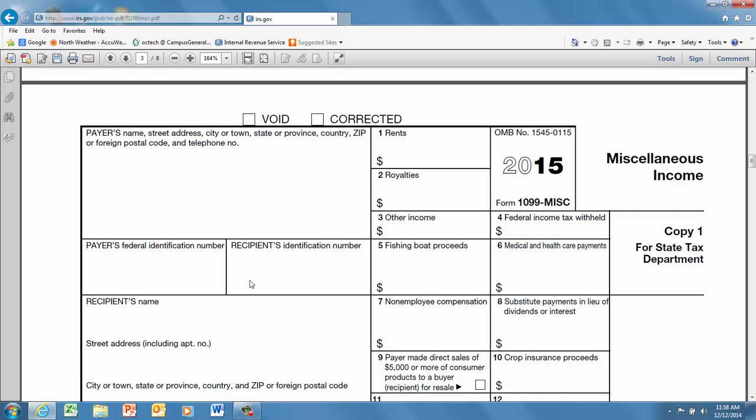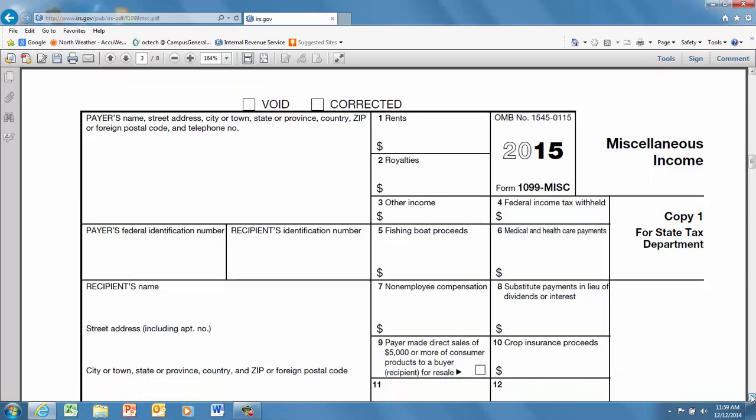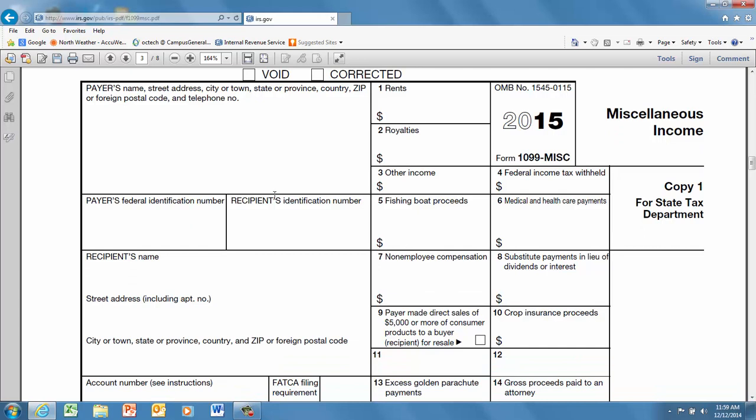Then the recipient is the independent contractor, their Social Security number typically, but if they have a federal ID number because maybe they run a lawn service or something, and they have employees themselves, and so then you would have their federal ID number that they use for their business. But if it's just one person who's working for themselves, you would probably use their Social Security number. Here's their name and their address.